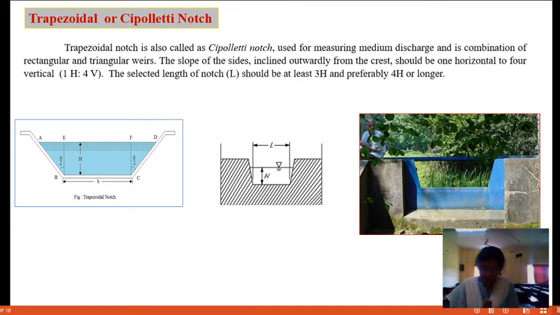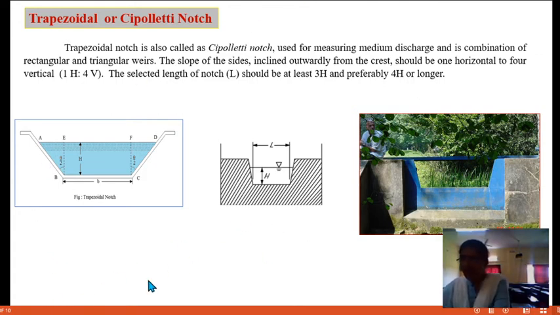There are two more types of notches. The third one is the trapezoidal or cipolletti notch. This is the trapezoidal notch, with a trapezoidal shape.